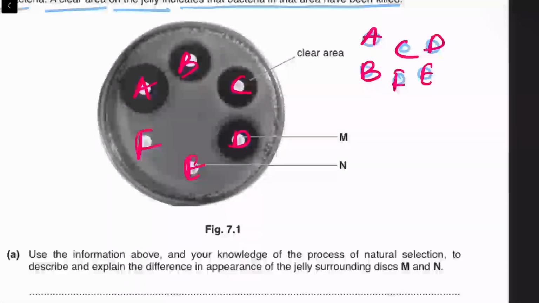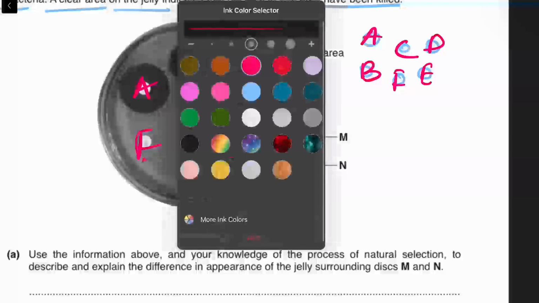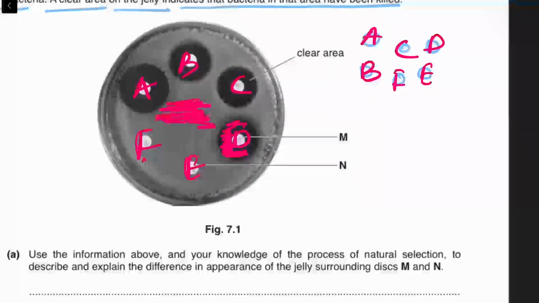Now, after soaking this paper disc in an antibiotic and putting it on a dish where the bacteria is growing, if the antibiotic is effective, then you will have a clear area. Clear area means bacteria is not growing. Here, this area, this is all shaded. That means bacteria is growing, right? Now, based on that, what are the least effective antibiotics? These two. Yeah.